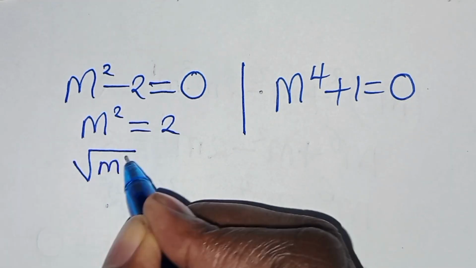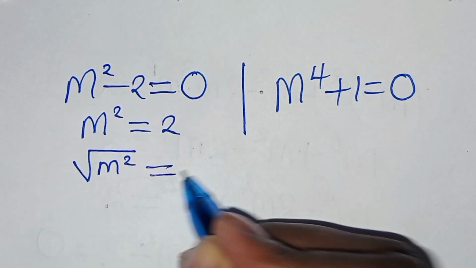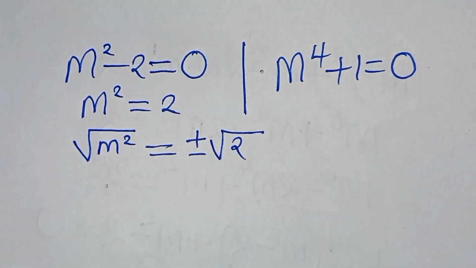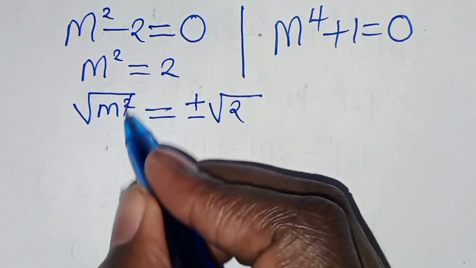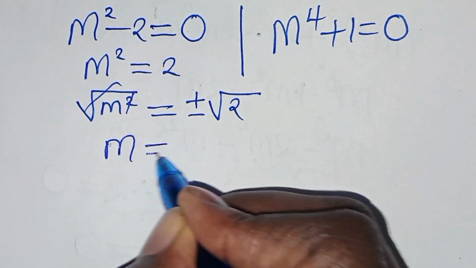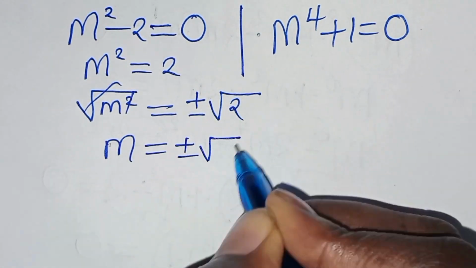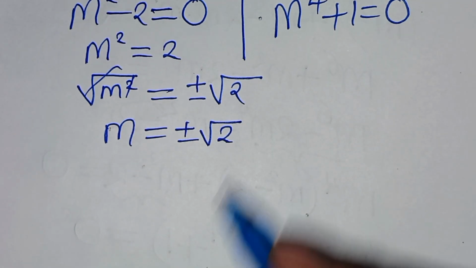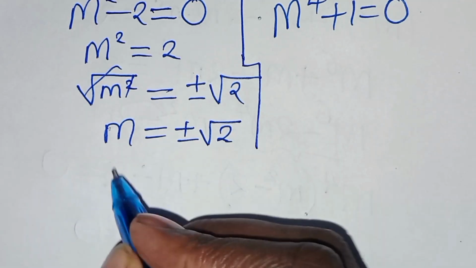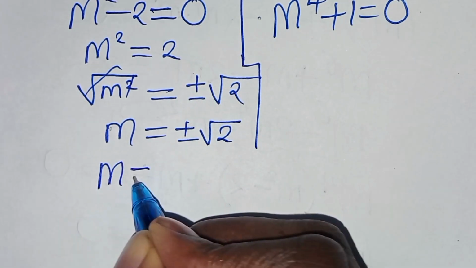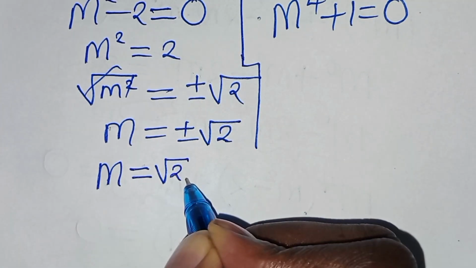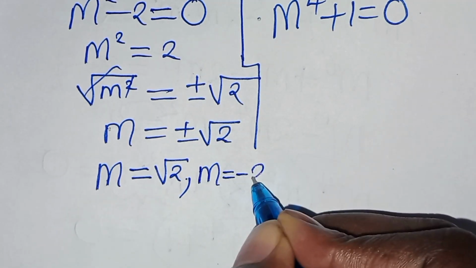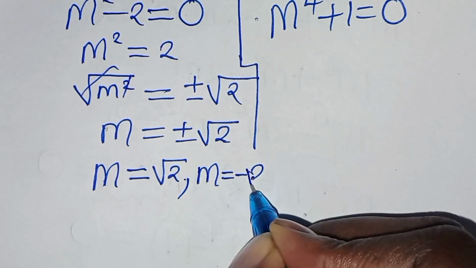Here we have the square root of m squared equal to plus or minus the square root of 2. So m is equal to plus or minus square root of 2. From the first part, we have two possible values of m. m is equal to square root of 2, and m is equal to minus square root of 2.